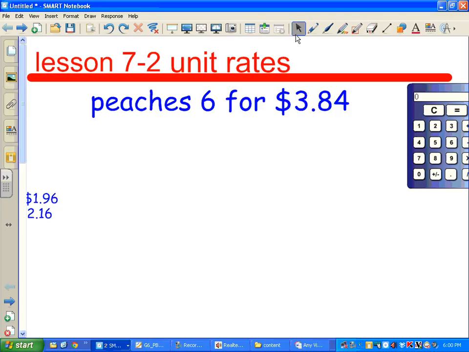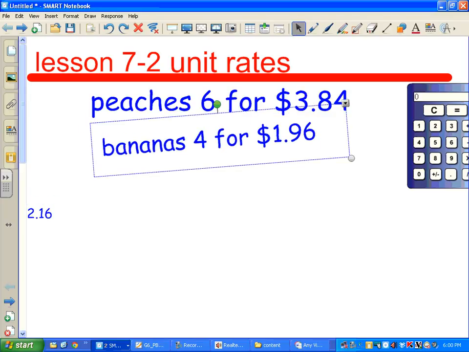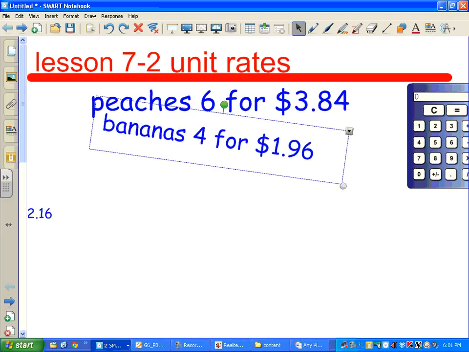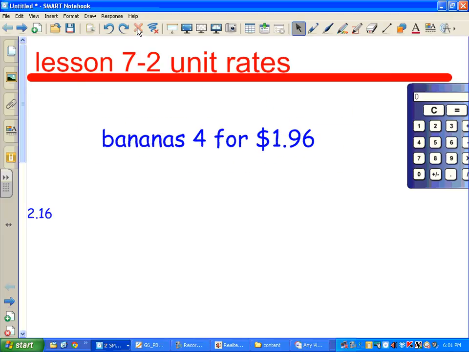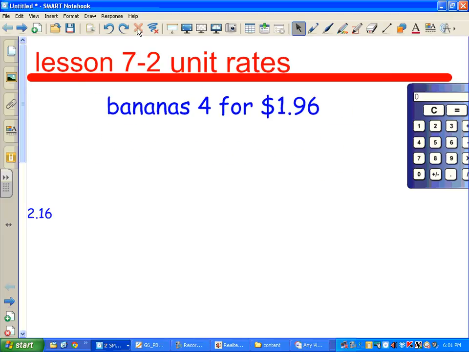All right. Bananas. Let's make that straight. Bananas are 4 for 96 cents. Well, I need to go ahead and write my ratio out here. I have money. I have my bananas. Right? Money over bananas.